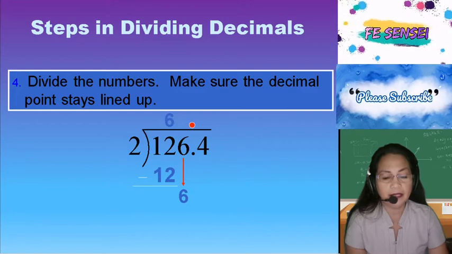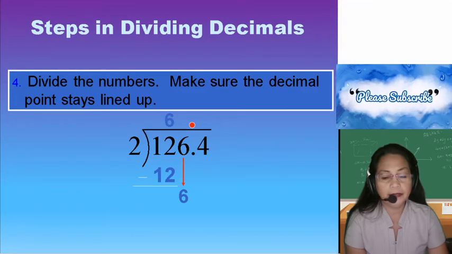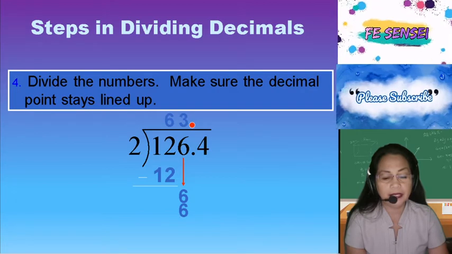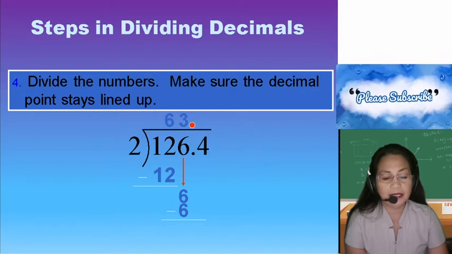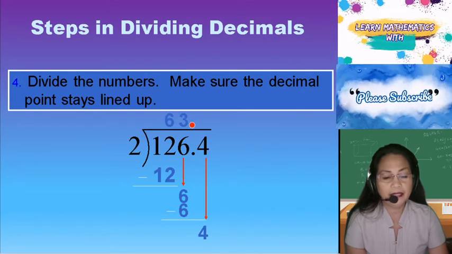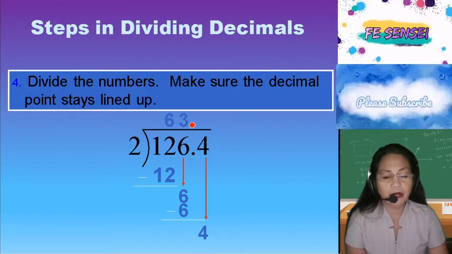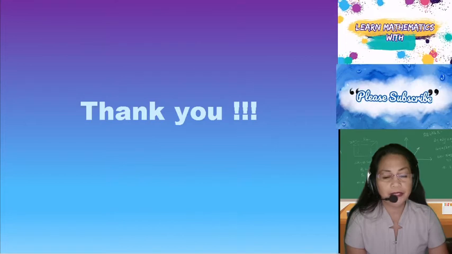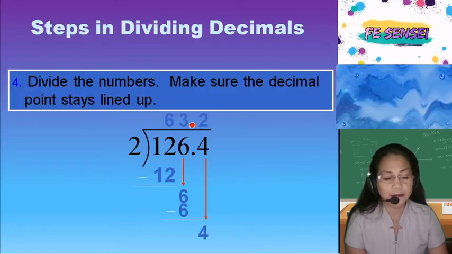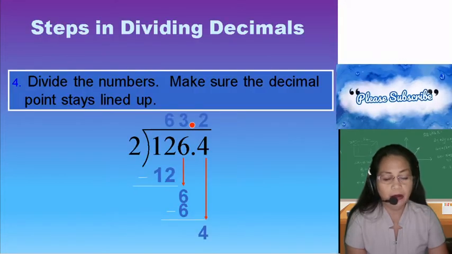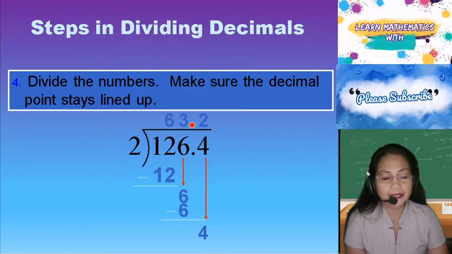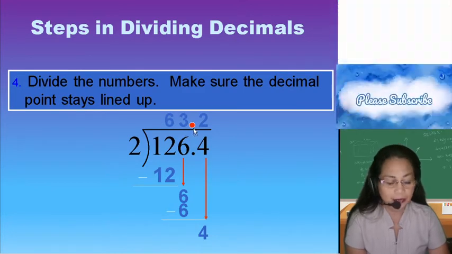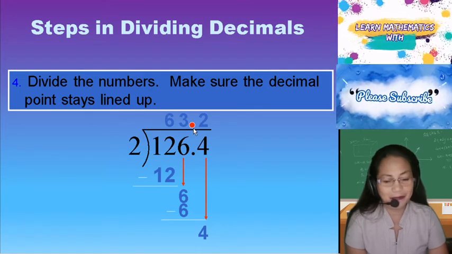Bring down 6. 6 divided by 2 is 3. 3 times 2 is 6. 6 minus 6 is 0. Bring down 4. 4 divided by 2 is 2. 2 times 2 is 4. And so the answer is 63 and 2 tenths.